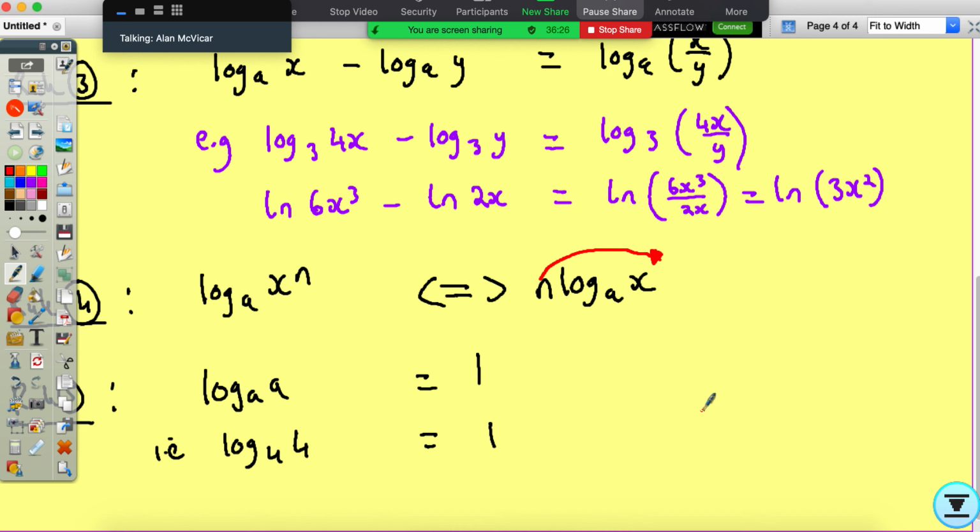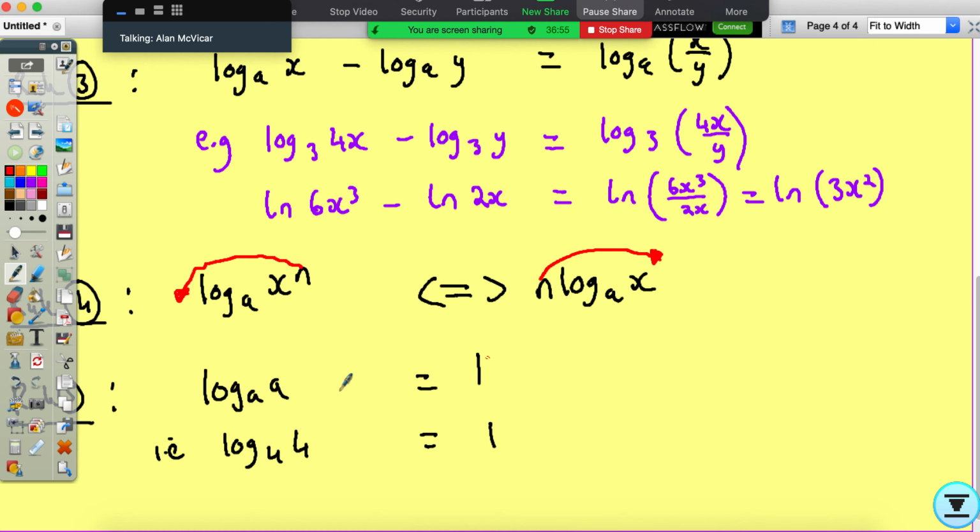Or, if I've got a power and I don't want it there, I can move it to the front and make it a coefficient. So if we've got a number in front of a log, I can move it up and make it a power of the thing inside the log. And if we've got a power inside my log and I don't want it there, I can move it and make it a coefficient of the whole log term.